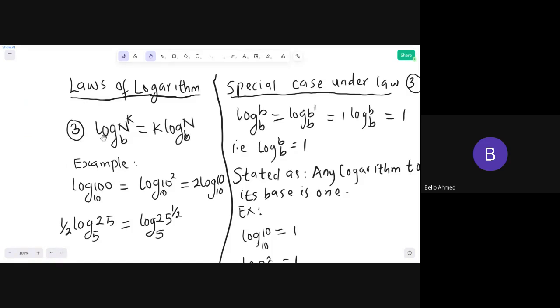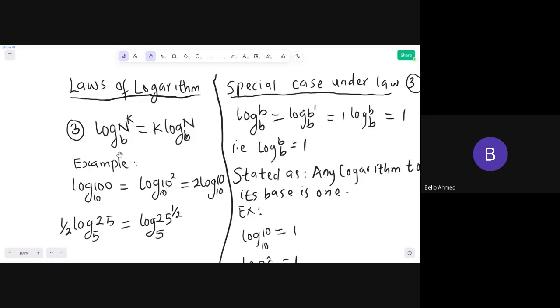In this law, we have the logarithm of n raised to power k to base b. The n here is raised to the power of k. In the first example that we had, the logarithm of 100 to base 10, of course this 100 is not raised to a power here, but you can break it down to 10 raised to the power of 2, as you can see.